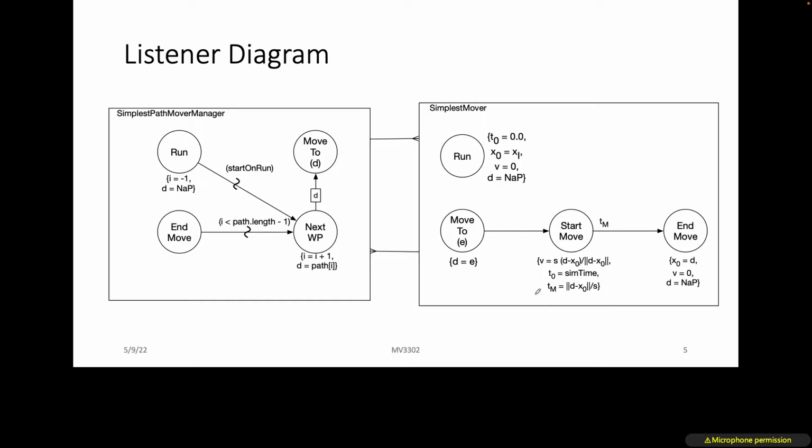The start move event sets the initial conditions for the equation of motion, also figures out how long it's going to take, schedules that end move event, and then at some point, the end move event will occur here. It basically says now I'm at my destination, and my velocity is now 0.